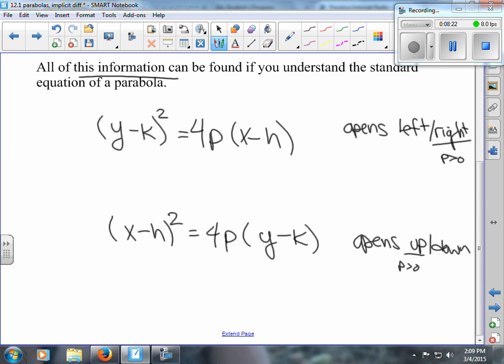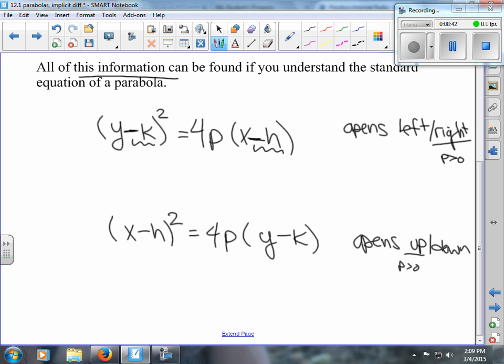It would be left or down, and that will be if p is negative. So the vertex is always hidden inside of the y or the x that's in parentheses, and you always minus those. So be careful. This minus means it's the opposite of the number that you see in there.